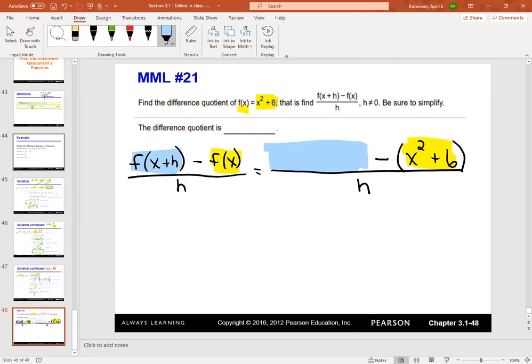And you're going to use the f of x function, but in place of the x, which is here and here, you're going to put an x plus h. So instead of x squared plus 6, I'm going to have an x plus h squared plus 6.